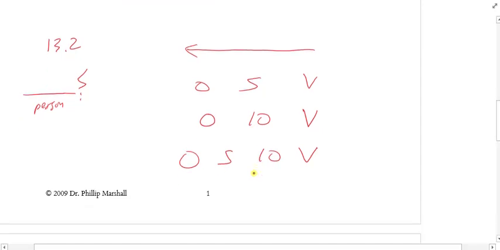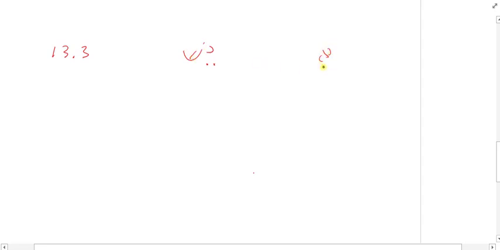Now, in 13.3, we have a really awesome set of constructions. We have these words, yesh and ein. Okay? Say that with me. Yesh, ein. If you know Spanish, yesh is equal to hay, and ein is equal to no hay. What does hay mean? There is. No hay?